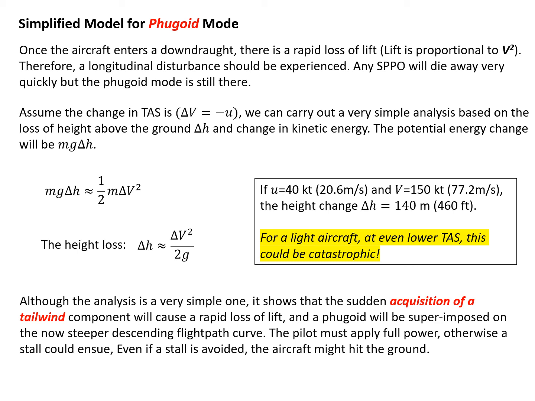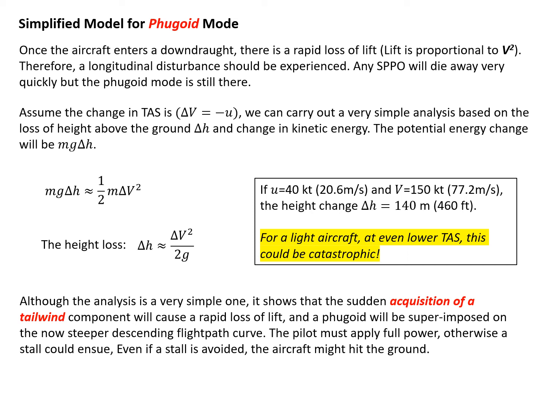Although the analysis is a very simple one, it shows that the sudden acquisition of a tailwind component will cause a rapid loss of lift, because there is a switch from headwind to tailwind. Then that will cause a velocity reduction, and a fuel-going mode will be superimposed on the now steeper descending flight path curve.